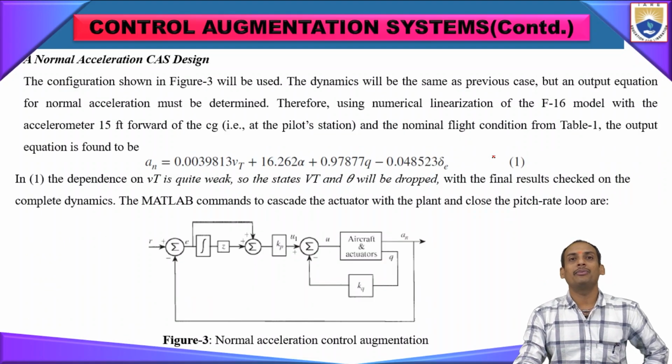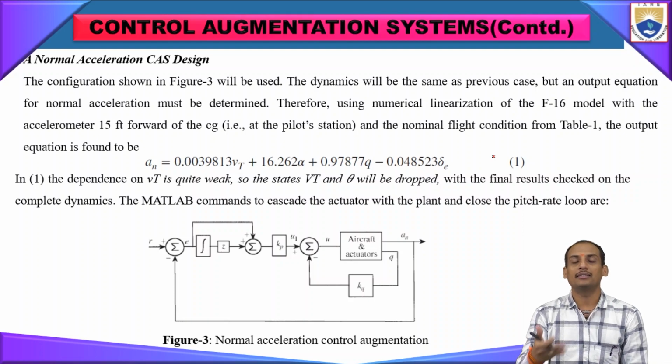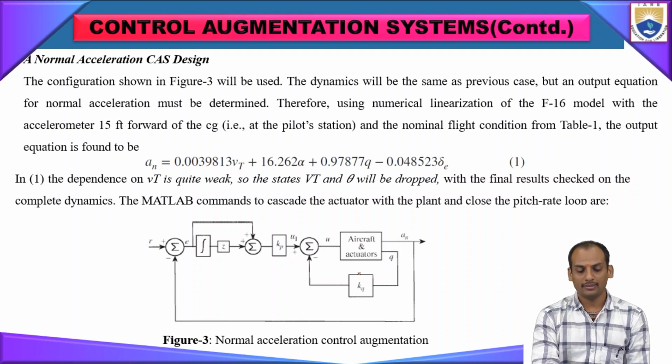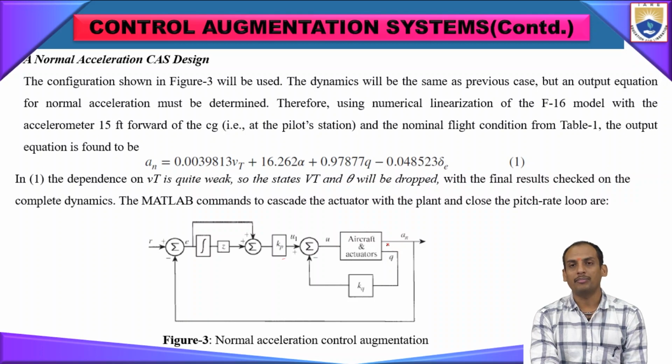Another example will be the normal acceleration CAS design. Previously we saw the pitch rate CAS system, and now the normal acceleration system. Again, for the normal acceleration, there will be a summing amplifier and an integrator function, the pitch rate thing, and after that the aircraft control surface is installed.